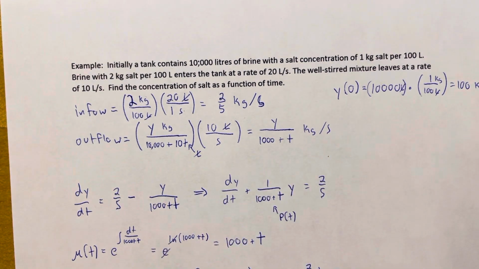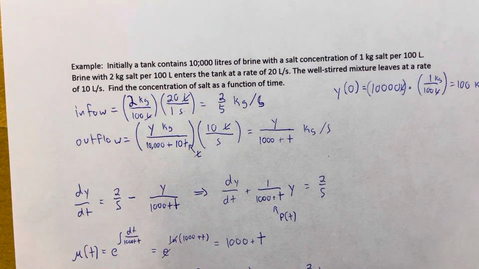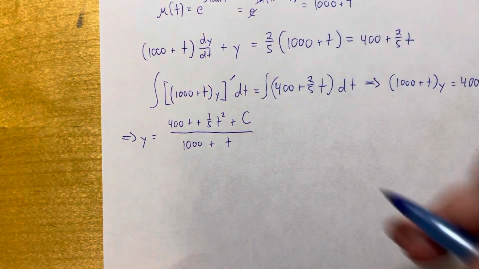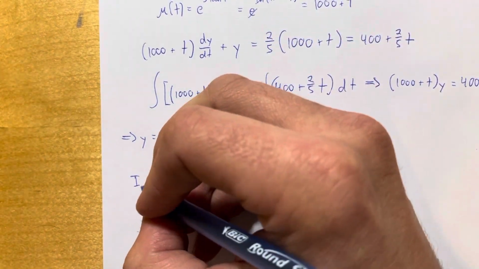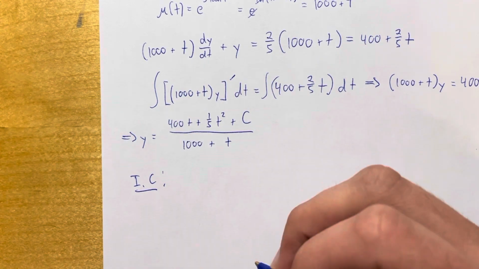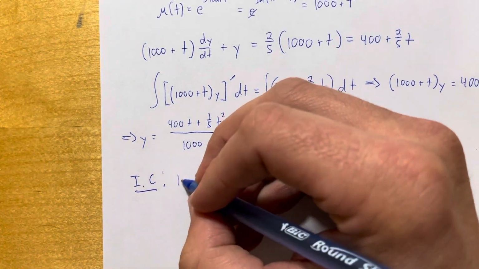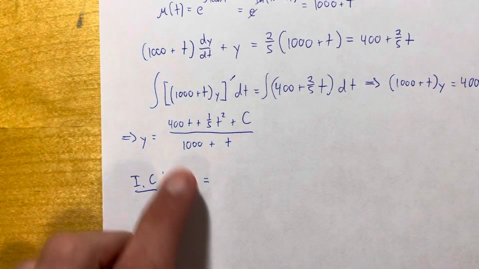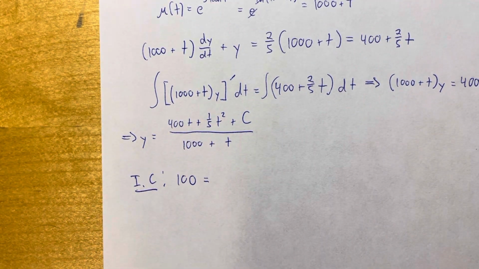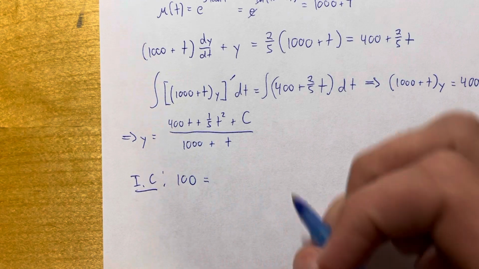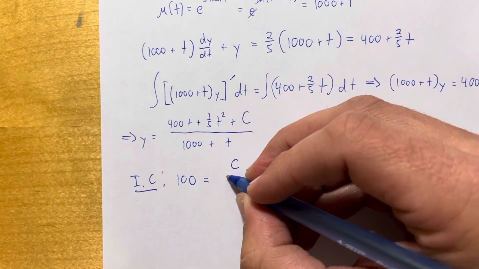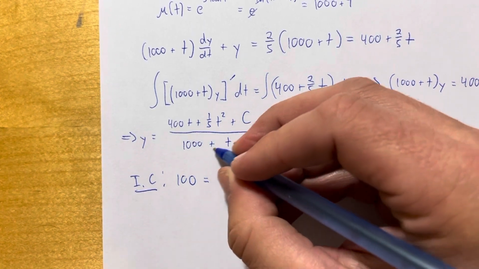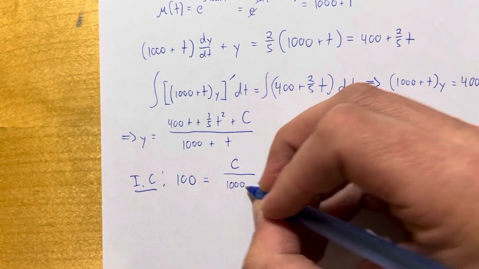Okay, so that gives me an initial condition that I can use to then solve for c. Let's do that down here. So if I use my initial condition, I'm setting y equal to 100. And this would be equal to this expression once I plug a 0 in for t. But these two terms will go to 0, just giving me a c in the numerator. The denominator is going to become 1,000 plus 0, so just 1,000.